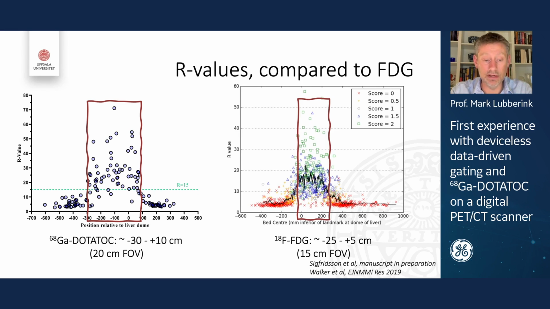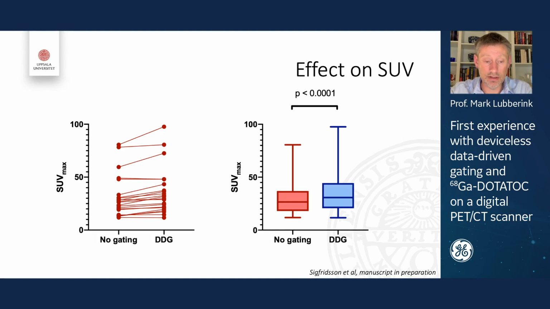Again, remember that the graph on the left-hand side represents a 20 centimeter field of view, whereas the graph on the right-hand side represents a 15 centimeter field of view. But in general, it seems that we see motion over a slightly longer actual range with DOTATOC than we see with FDG.